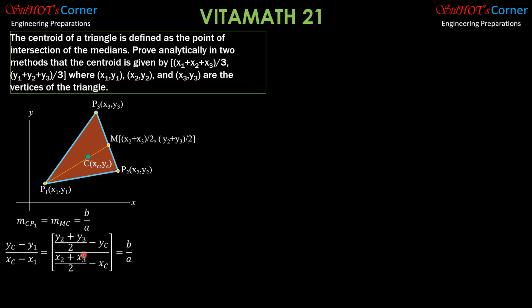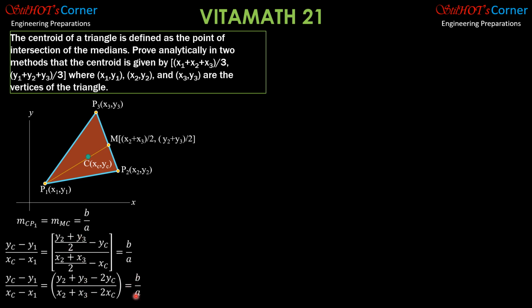So simplifying, (yc - y1)/(xc - x1) equals ((y2 + y3 - 2yc)/2) over ((x2 + x3 - 2xc)/2). I'm not showing the denominator 2 because we can cancel the denominator of 2 in the numerator as well as in the denominator.